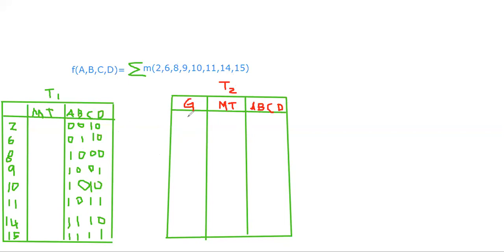For group 1, we will be grouping 8 and 2, as they have only one 1. 2 is 0, 0, 1, 0, and 8 is 1, 0, 0, 0. So this is group 1.